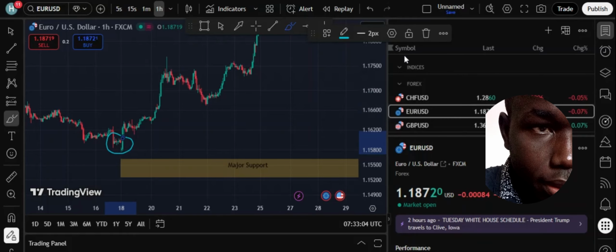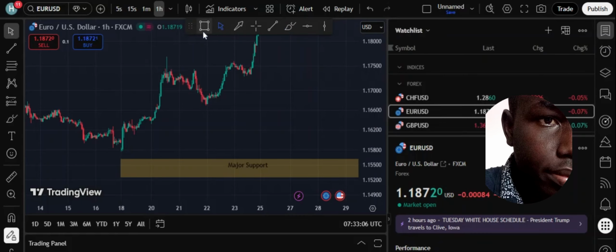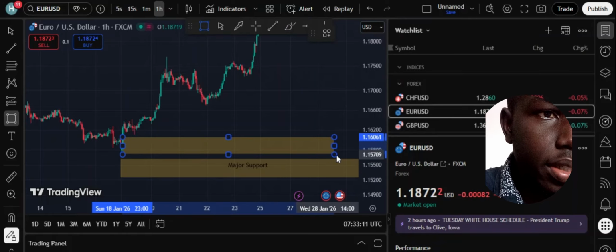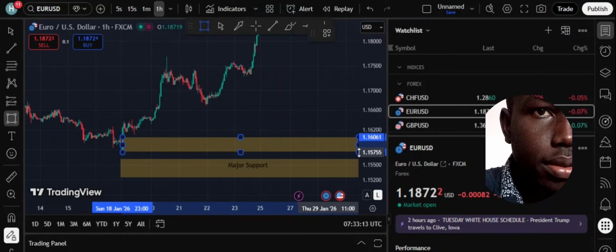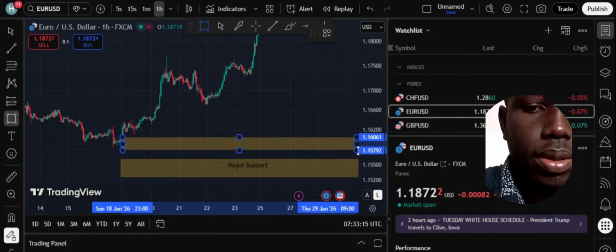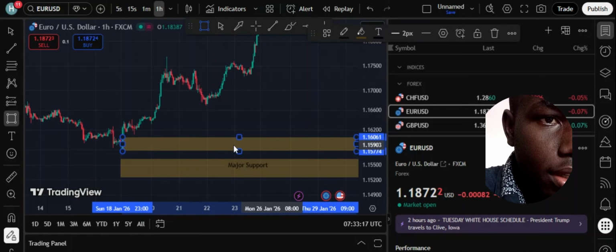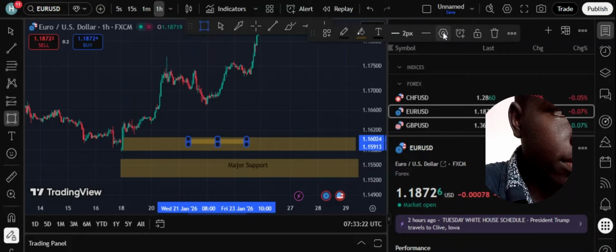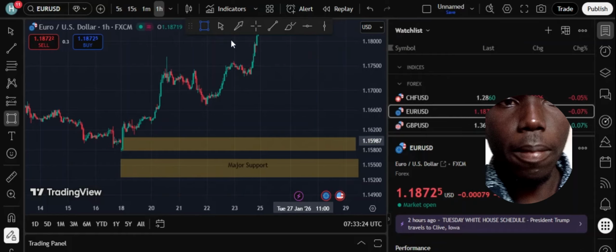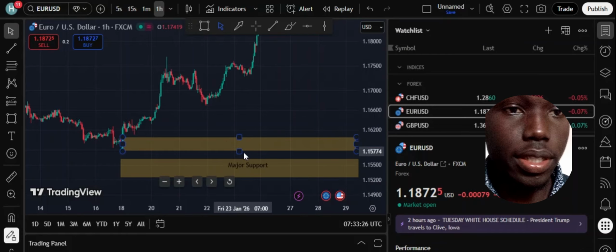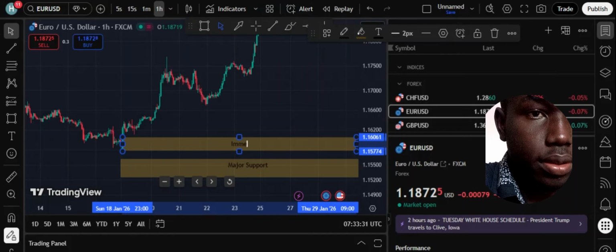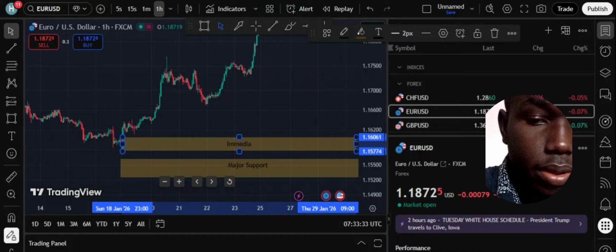Let's mark that as our immediate low. That is going to play as our immediate support. So we have set that immediate support.